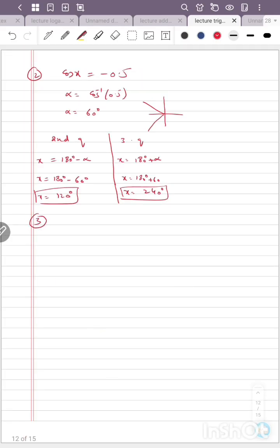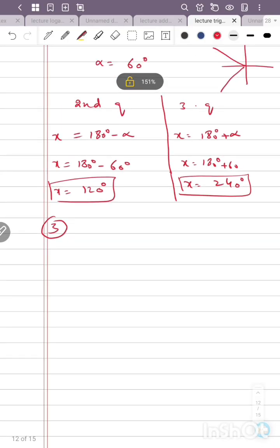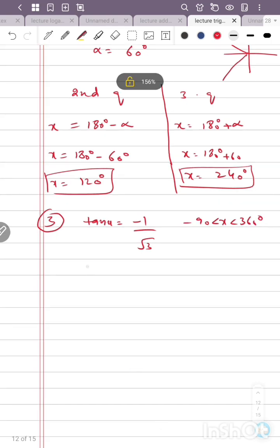We have a third question. The third question is about tan of x equal to minus 1 by square root 3, where the interval is minus 90 less than x less than 360. Now again we have to write it in the form of alpha.